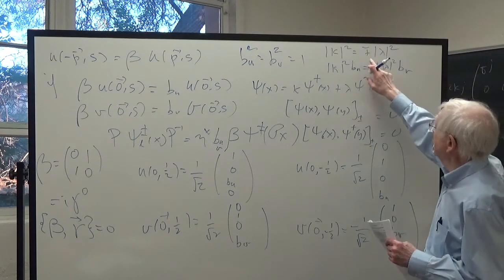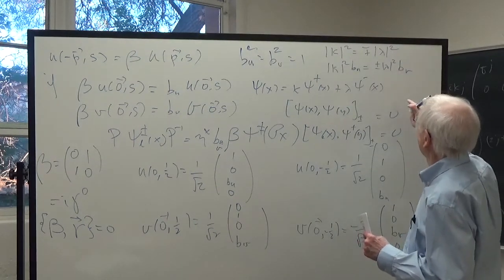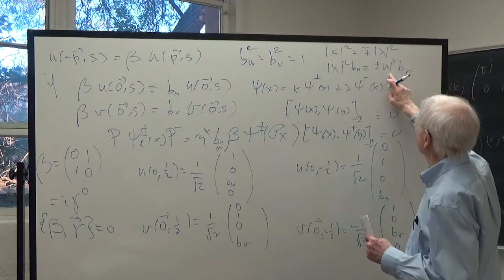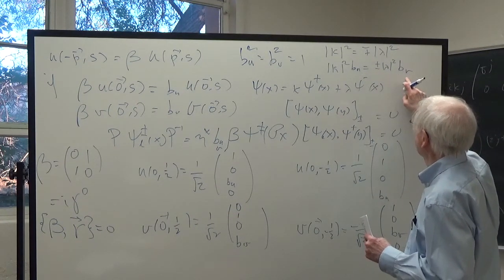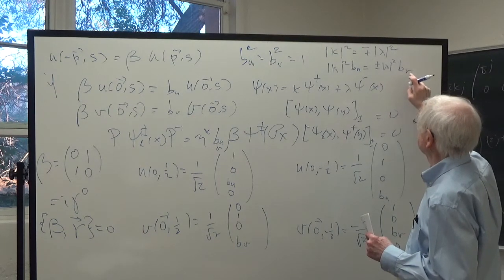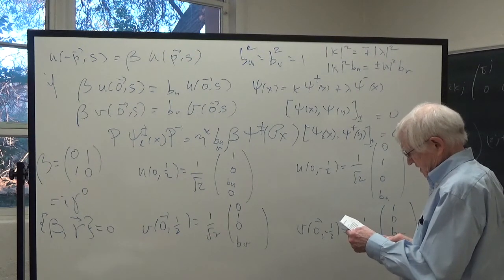If we choose the bottom sign plus, then this is equal to that, and if those two are equal, then BU can be minus BV.